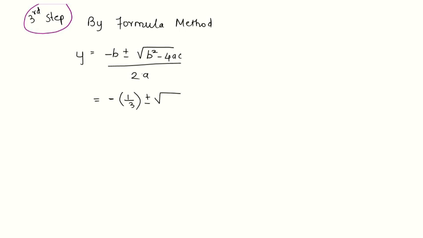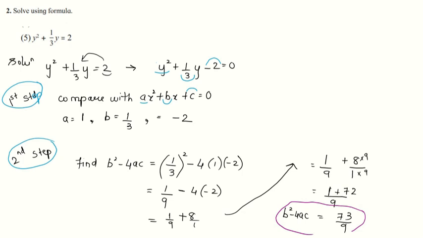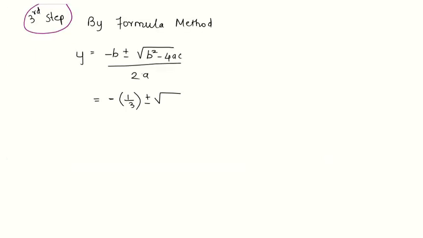b square minus 4ac. We got 73 upon 9, divided by 2 into a, which is 1. Solving this, minus 1 upon 3 plus or minus square root of 73 upon 9.